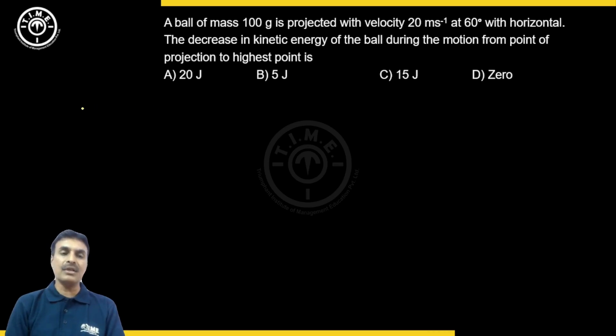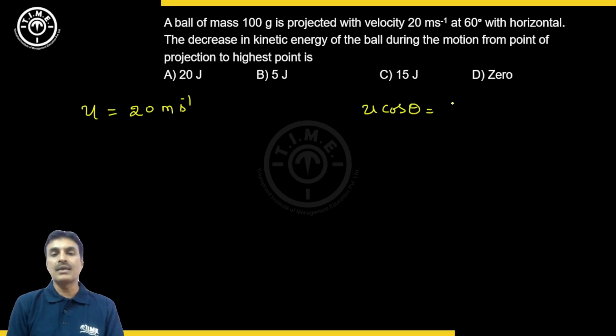At the point of projection, velocity is u, which is given as 20 meter per second, and at the highest point it is u cos theta, which is 20 into cos 60, where cos 60 is 1 by 2. That means u cos theta comes out to be 10 meter per second.